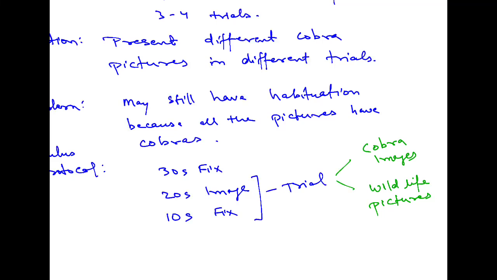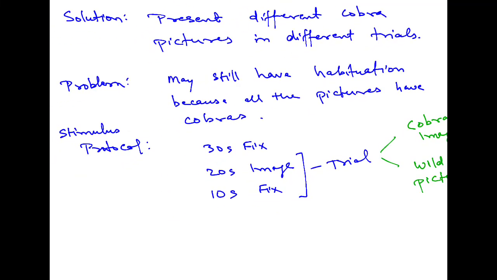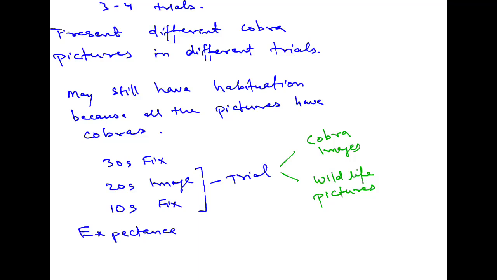No, then they will be expecting. Then they will be expecting. And if they expect, then the brain areas may start firing even before the stimulus is presented because they're already expecting something. So what is the problem now? Expectancy. So let's call this trial 1 and this is trial 2.